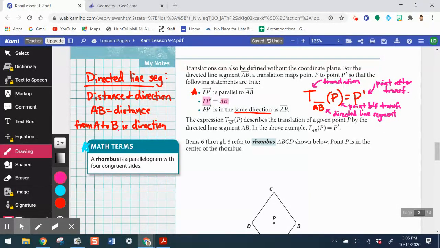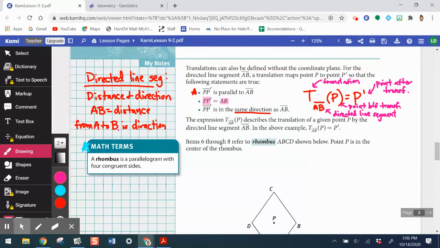So when we're using a translation, this is what the notation looks like. And you see here, I've added some notes to kind of explain each part. So the capital T tells us that this is a translation. We'll learn some other transformations and what letters represent them. Line segment AB is our directed line segment. That's where it goes in the notation. Point P is the point before the transformation, and the result, or what it equals, is P prime, or the point after the transformation.